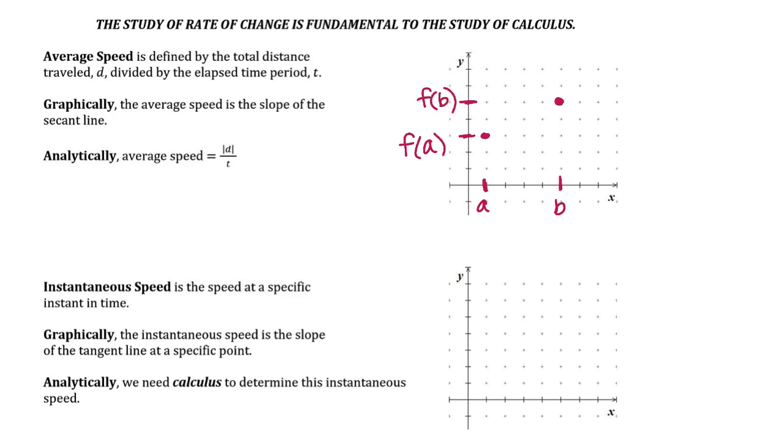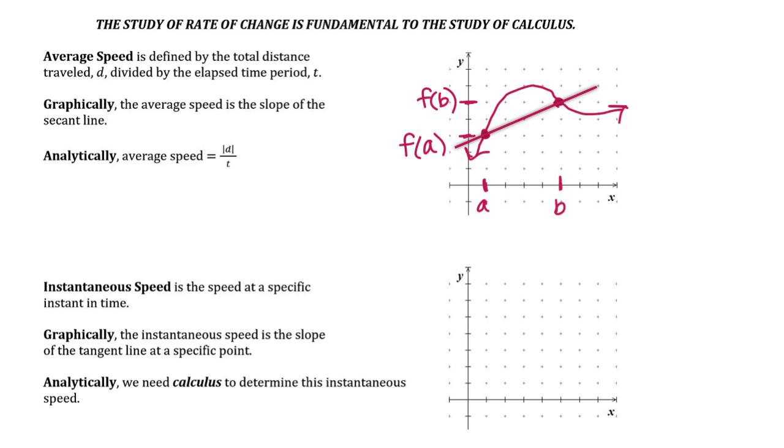And we're going to just have a nice, neat little function going through that. What I'm going to do is draw a secant line, and keep in mind that a secant line is going to intersect our graph in at least 2 points. So y'all see a secant line there, right?